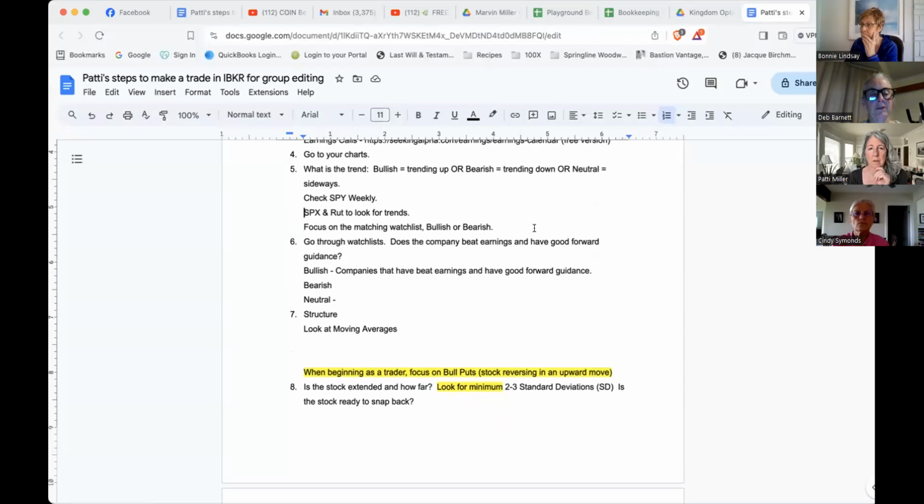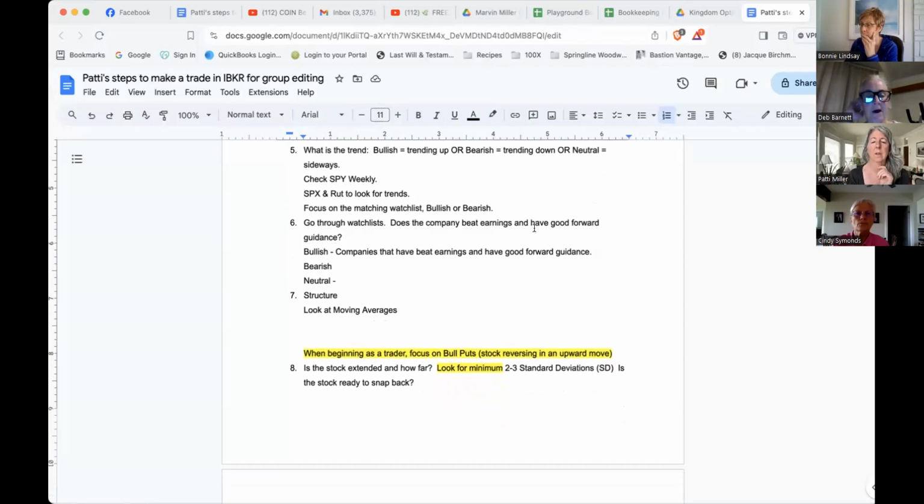So when we're looking at trend for step 5, we want to determine if the trend is one of 3 things: bullish, bearish, and neutral, which you have there. So that's great. And then I would add in where it says check SPY. Rami has said weekly, right?